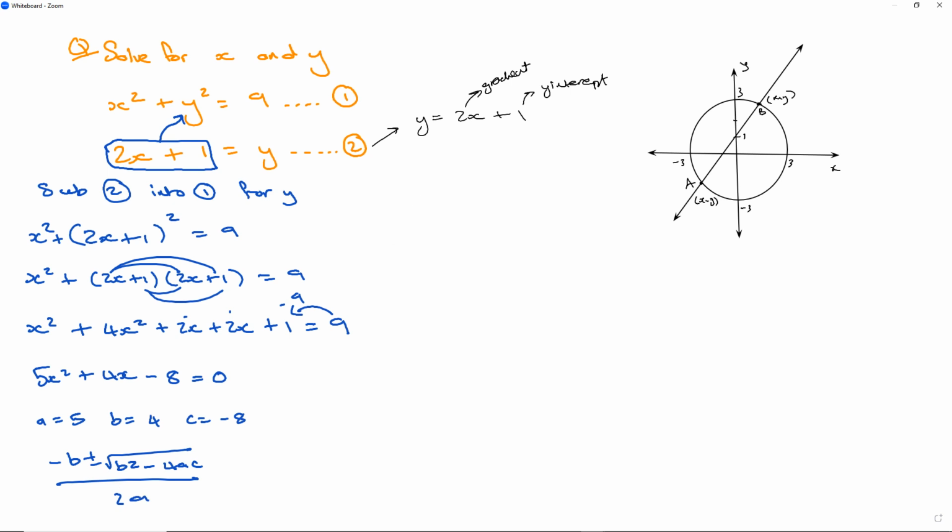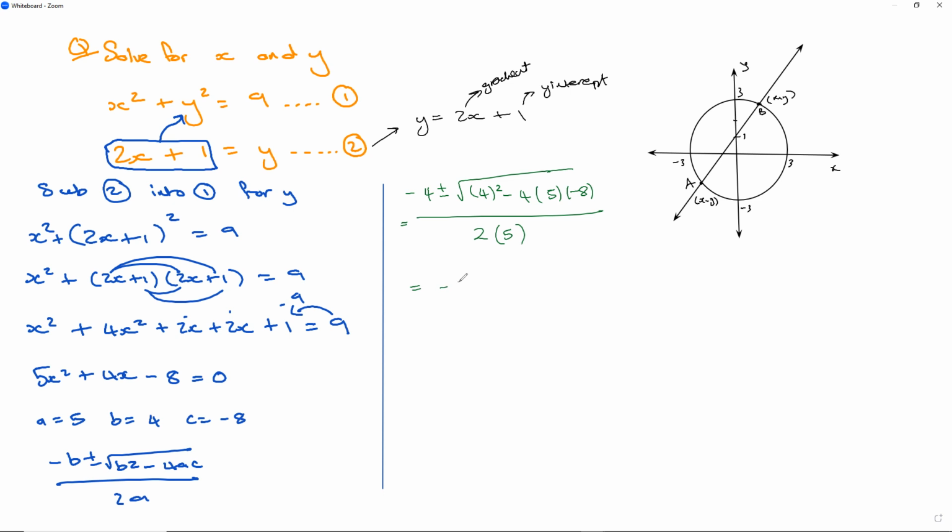All right, so from here we continue and we substitute it in carefully. So minus 4 plus or minus the square root of b squared, which is 4 squared, minus 4 times a times c, which is 5, times negative 8, divided by 2 times a, which is 5.